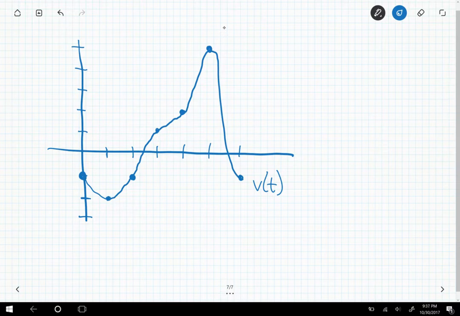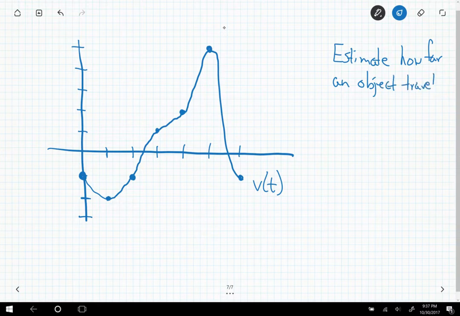So we want to estimate how far an object traveled during the time 0 less than or equal to t less than or equal to 6.